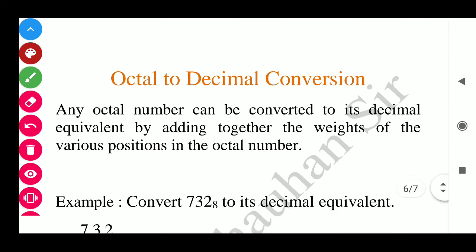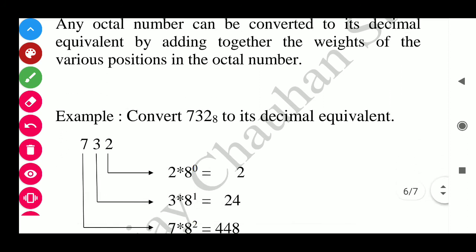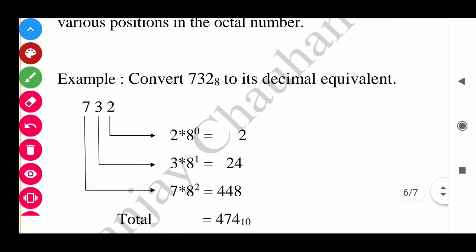Now octal to decimal conversion. Any octal number can be converted to its decimal equivalent by adding together the weights of the various positions in the octal number. So with the example we will understand clearly. Now see, there is one number. Convert 732, an octal number, to its decimal equivalent.